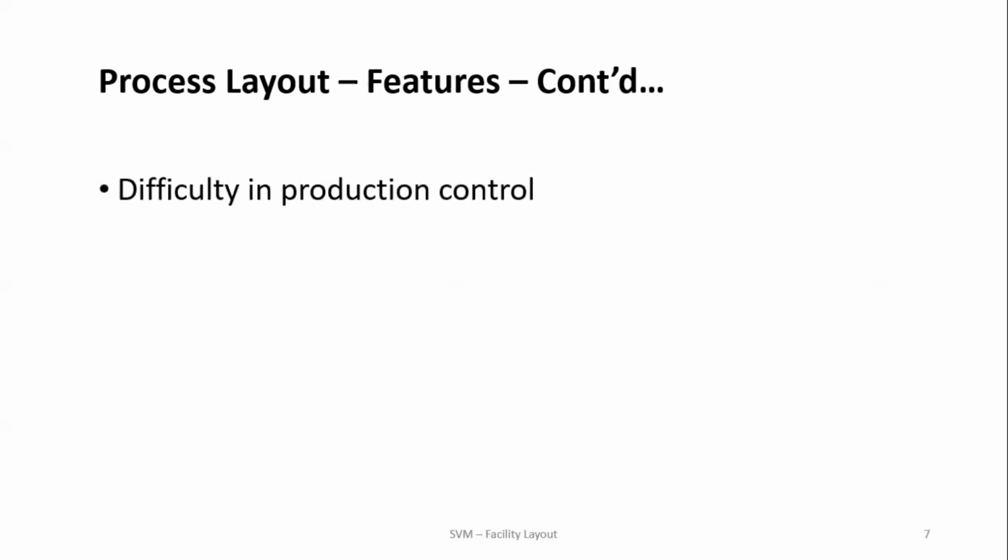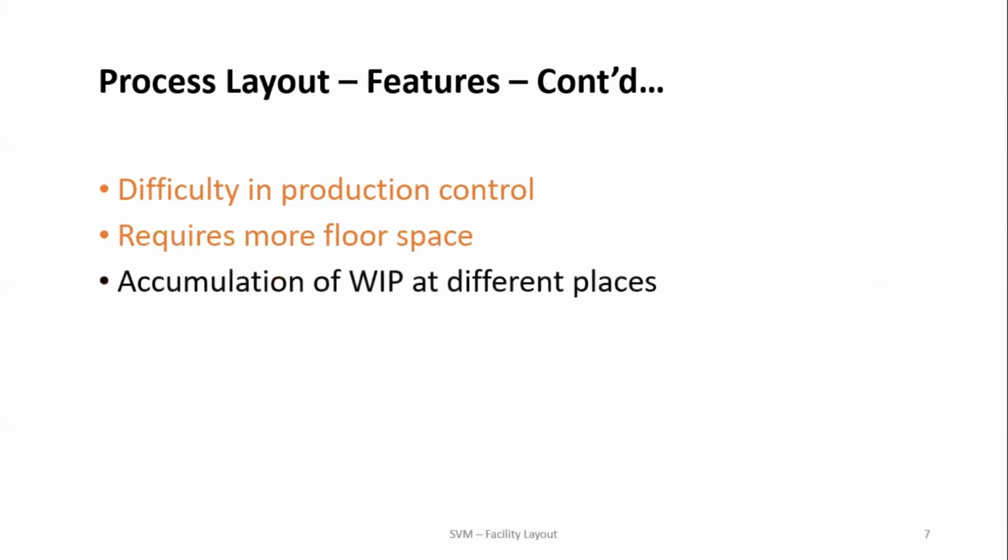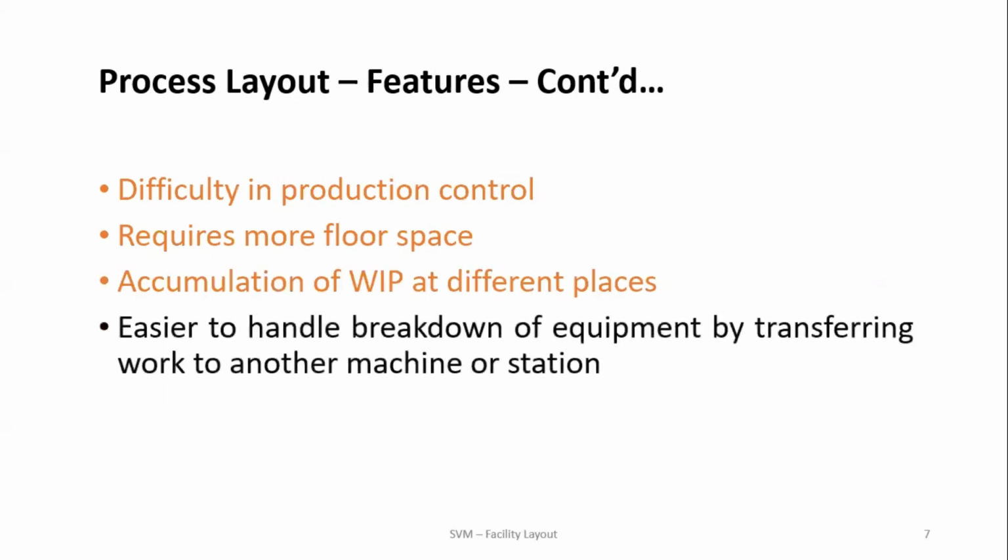You have difficulty in production control because too many job changes will happen in process layout. So you need to carefully monitor what is happening in production: the plan versus the actual. It requires more floor space because WIP will be there in every area, with accumulation of WIP in different places. It is easier to handle breakdown of equipment by transferring the work to another machine or station.